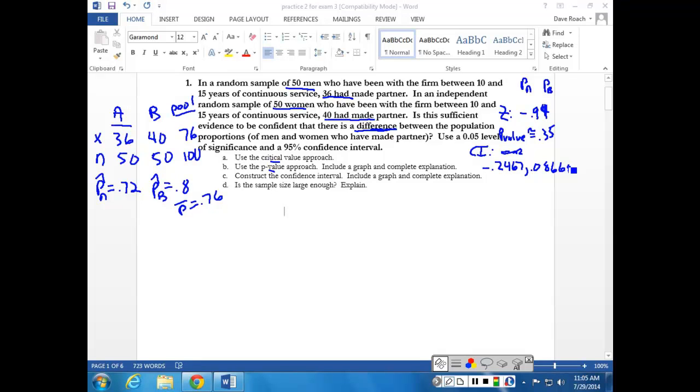Okay, so I think actually I'll start with D. Is the sample size large enough? The sample size is large enough, because 36, 40, 14, which is 50 minus 36, and 10, which is 50 minus 40, all the yeses and nos have to be greater than or equal to 10.